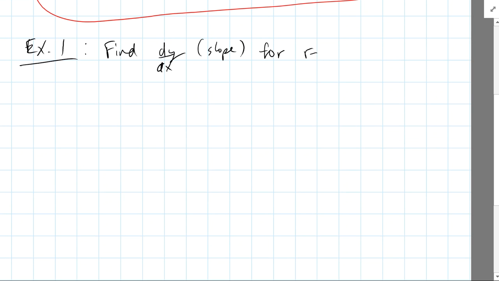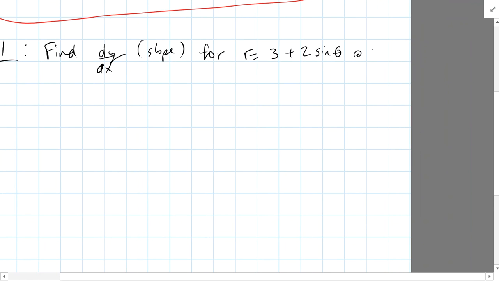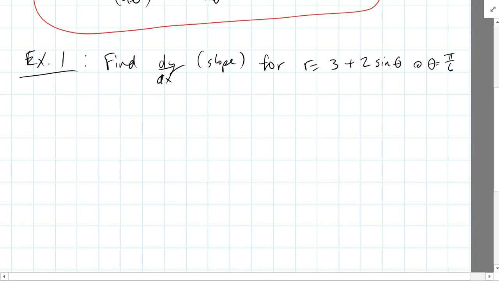For r equals 3 plus 2 sine theta at theta equals pi over 6. I want the slope at pi over 6 of that polar graph.